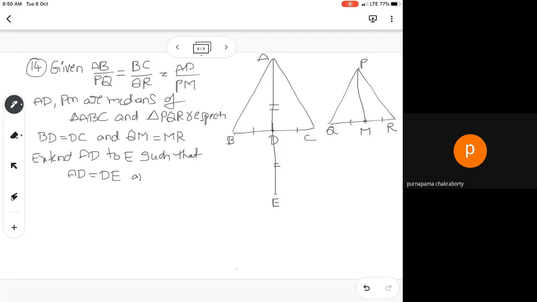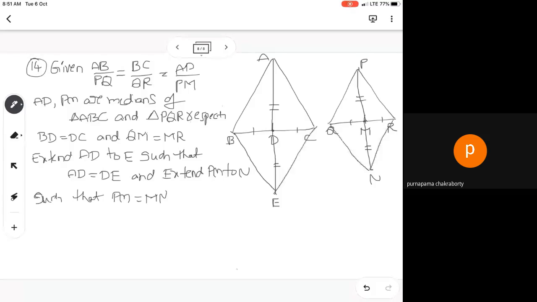And extend PM to N, also to point N, same way, such that PM is equal to MN. So now join B to E, join C to E, join Q to N, and join R to N.